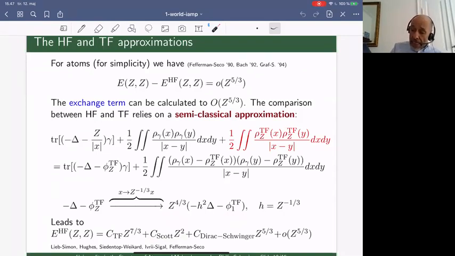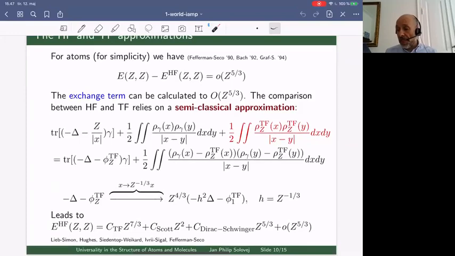And there's even the next term, z 5/3, which was predicted by Schwinger. He included this exchange term calculation that Dirac had done, and he arrived at a correction term which was z 5/3. So Fefferman and Seco for atoms proved this 3-term expansion, z 7/3, z squared, z 5/3, with a correction which is little o of z 5/3.